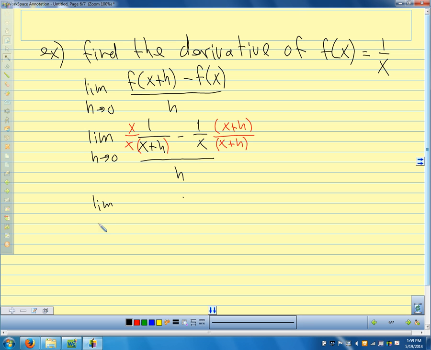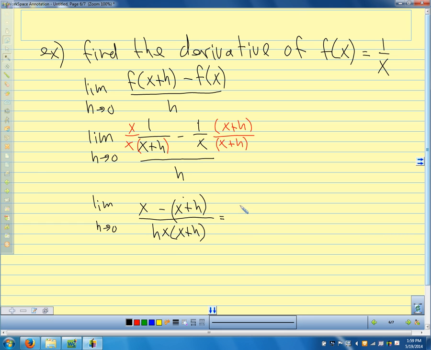So I get the limit as h approaches 0. And when I subtract these, I get x minus x plus h over my common denominator, x times x plus h, and I'm dividing by h, so I can write that h right there. Dividing a fraction by a number, I can put that number in the denominator.